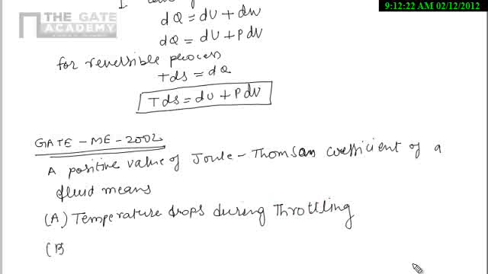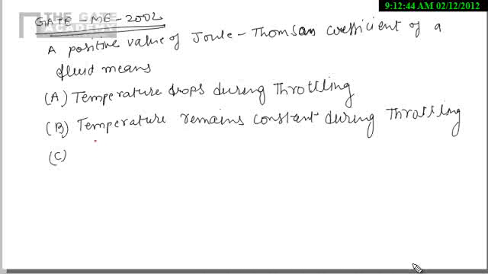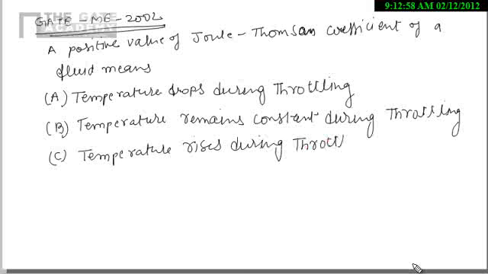B option, temperature remains constant during throttling. C option, temperature rises during throttling. D option, none of these.